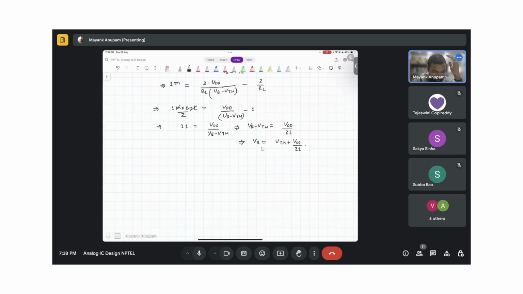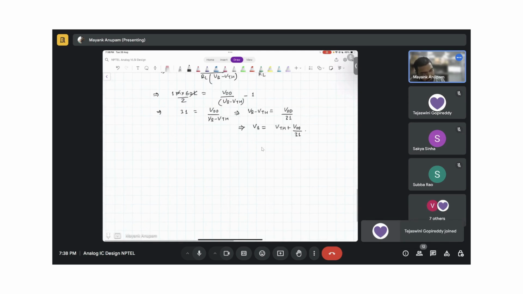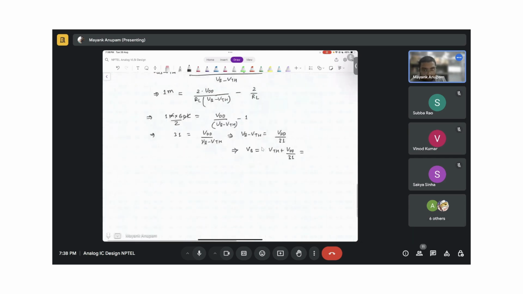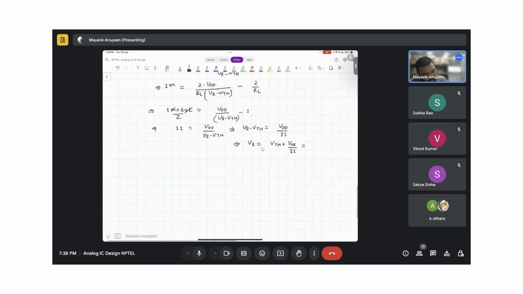How much is that? How much is this equal to? So 1 volt plus VDD upon 31.